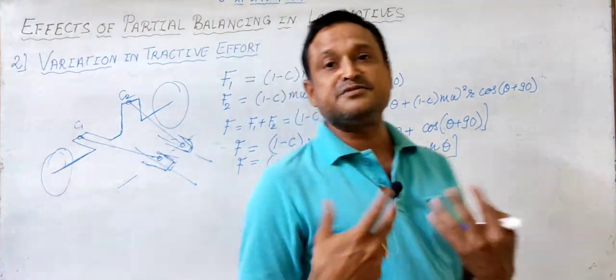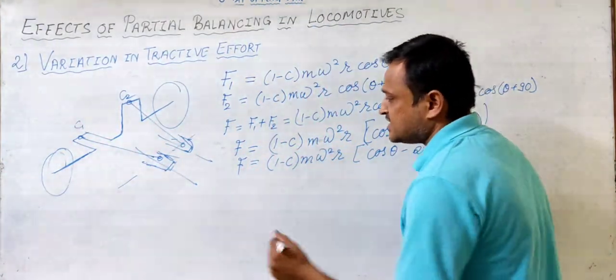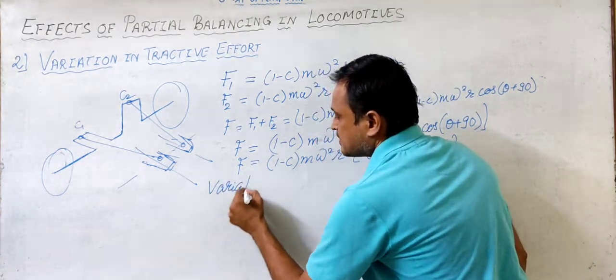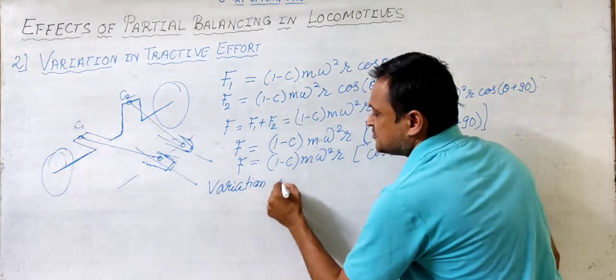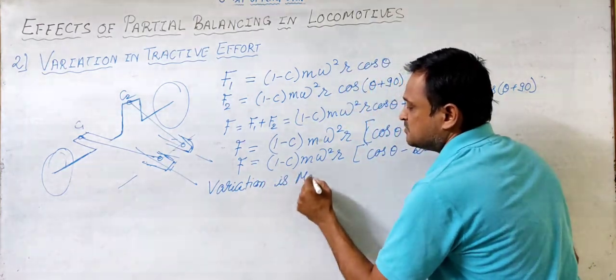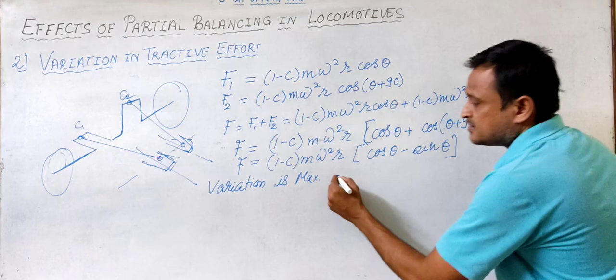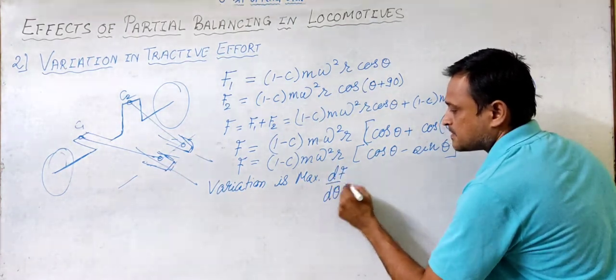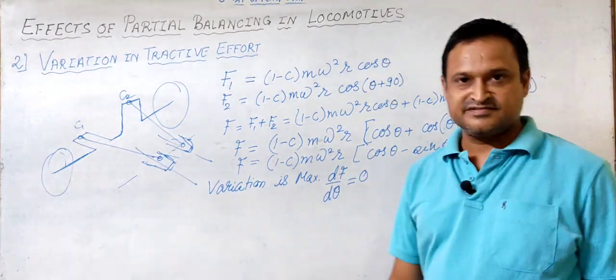So what can be its maximum value? This variation is maximum when dF by d theta is 0, right?